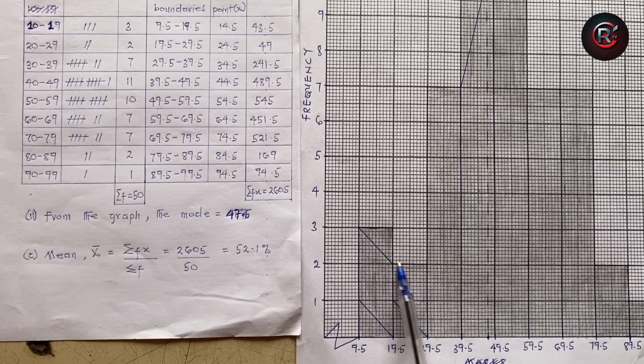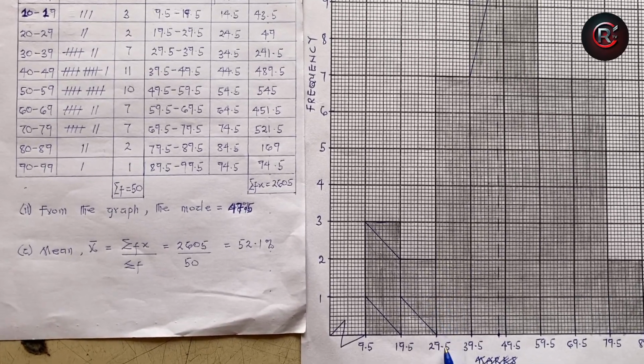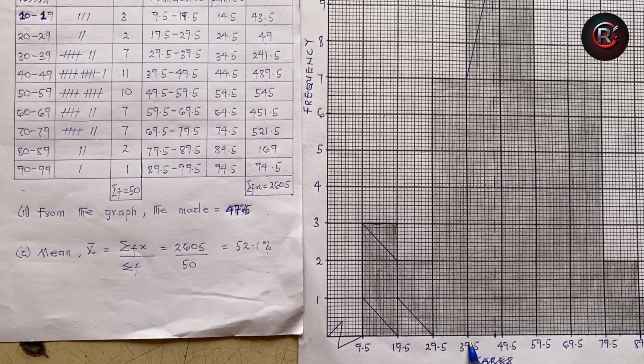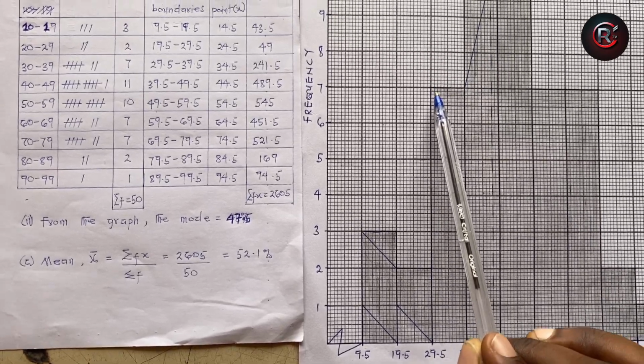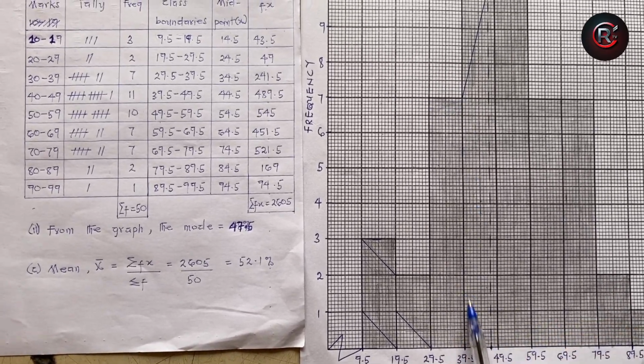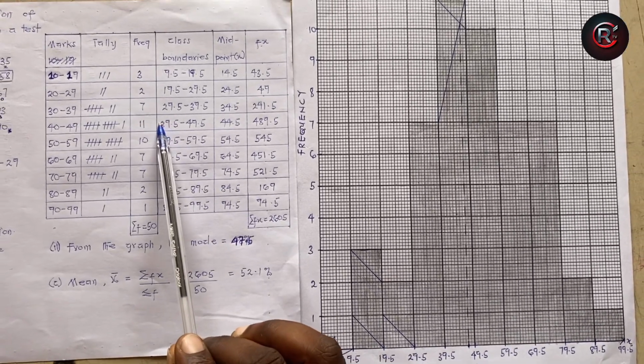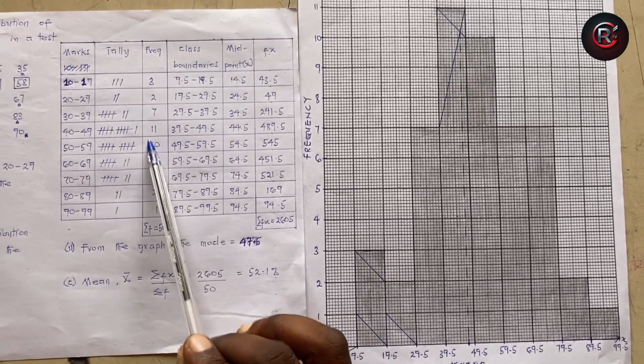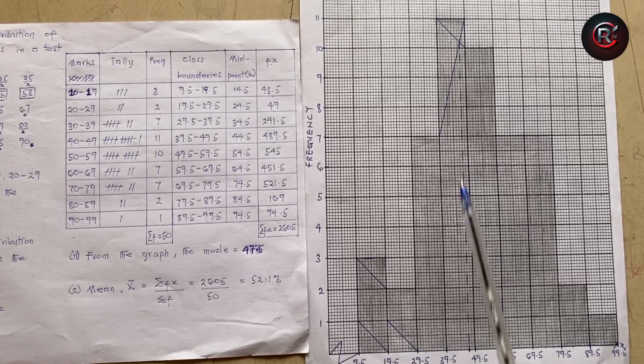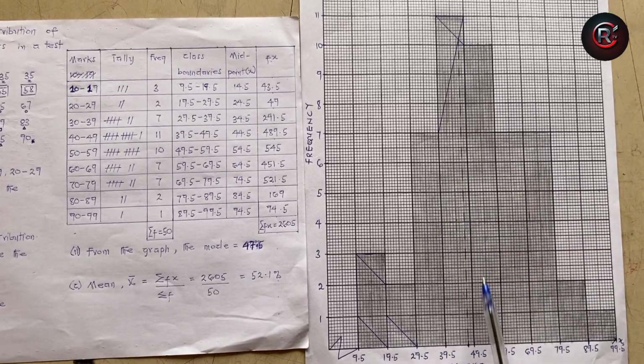So the boxes are closed. 29.5 to 39.5, you check it, the frequency is 7. And 39.5 to 49.5, our frequency is 11. So that is the tallest bar, as we can see.